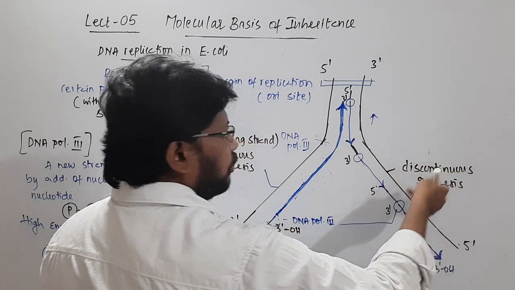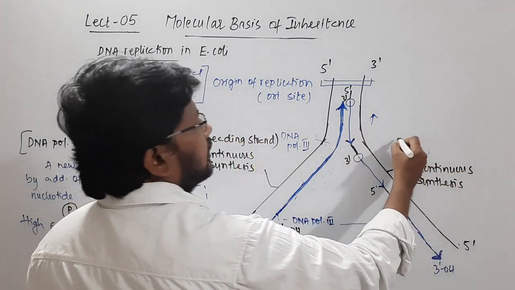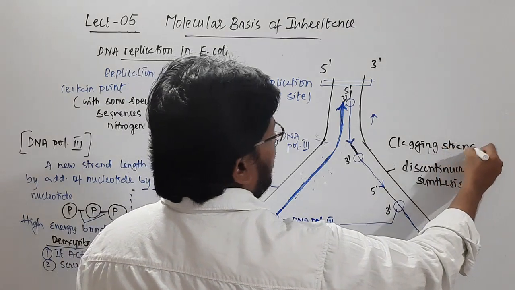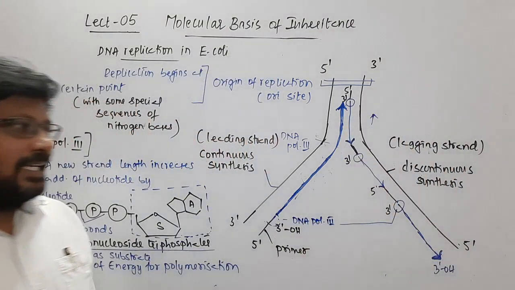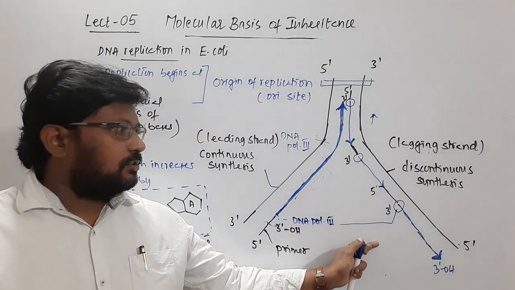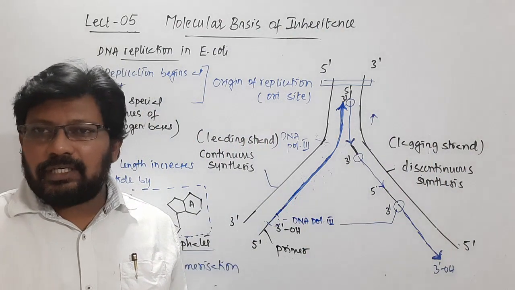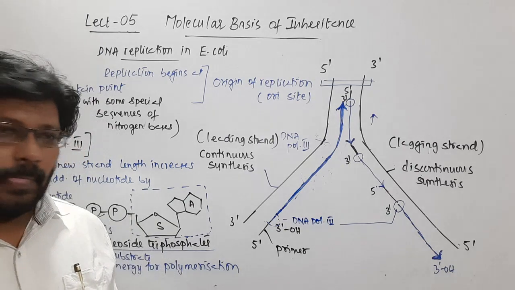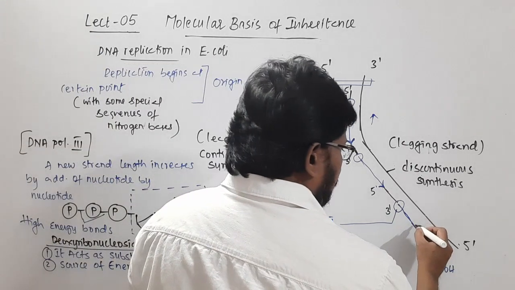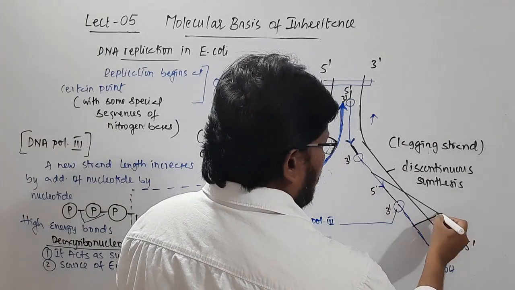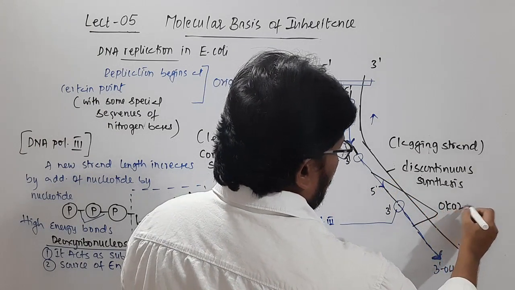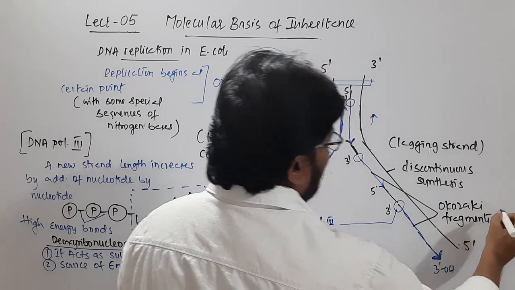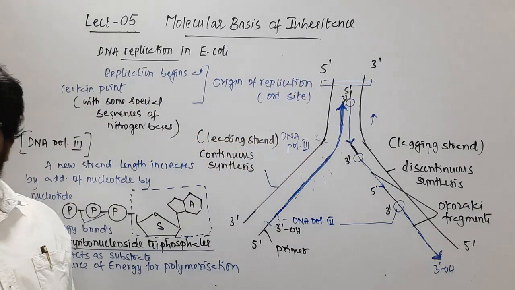And as it is slower when compared with this, it's called the lagging strand. On this lagging strand, the fragments of this DNA were discovered by a scientist named Okazaki, and hence these fragments are called Okazaki fragments.